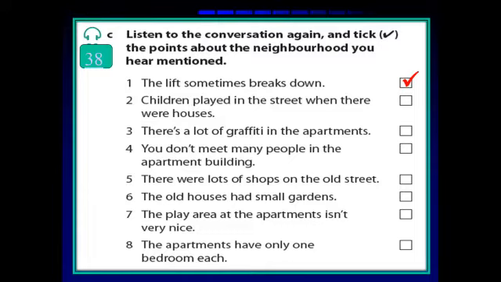Children played in the street when there were houses. This is true also. There is a lot of graffiti in the apartments. It's not mentioned. You don't meet many people in the apartment building. This is true.